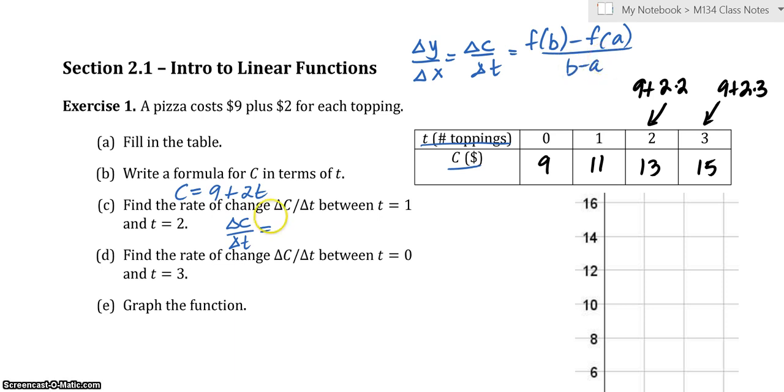So if I look at between 1 and 2, the b would be the 2, and the a would be 1, and then I would look at the f's of those. So the f of 2 is 13 minus the f of 1 is 11. So it's a change of the c, 13 minus 11, over the change in the t.